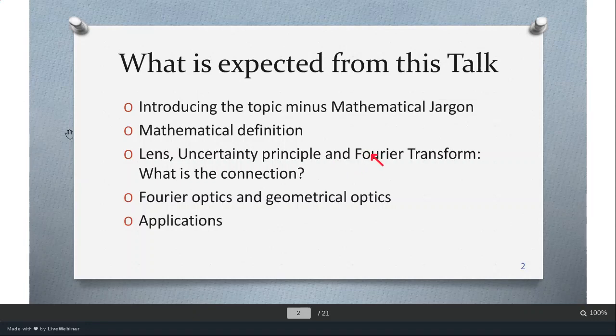This will create interest among the students. I will also compare geometrical optics and Fourier optics, and why Fourier optics is there. At the end, I will discuss some applications of Fourier optics.